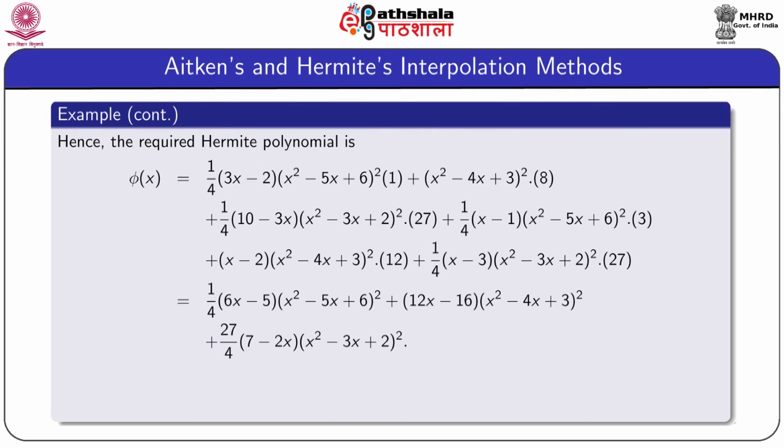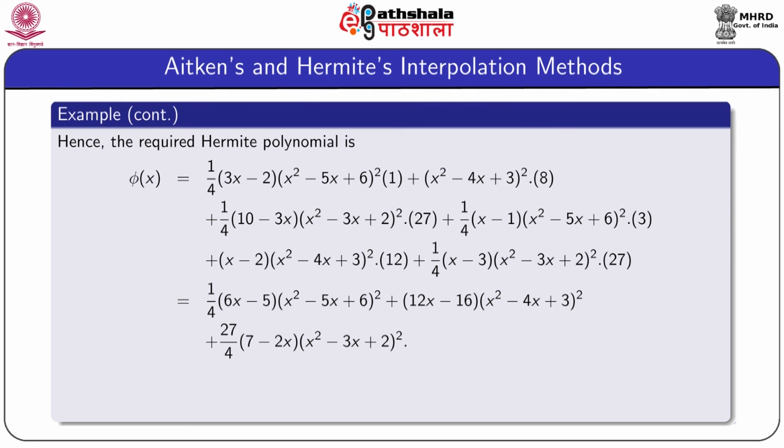After slight modification, this polynomial becomes 1 by 4 into (6x − 5) into (x² − 5x + 6) whole square plus (12x − 16) into (x² − 4x + 3) whole square plus 27 by 4 into (7 − 2x) into (x² − 3x + 2) whole square.